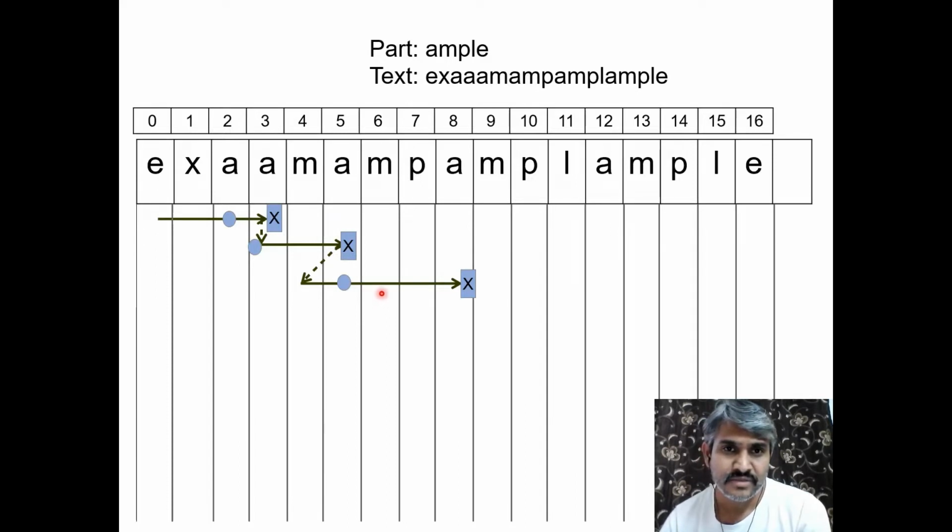So everything goes fine till A, M, P, but when we expect L at position 8, we instead find character A instead. So we give up on our search over there at position 8. We found that we do not have a match for the text ample starting at position 5, so we start at position 6 instead.